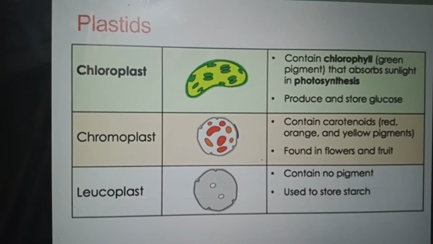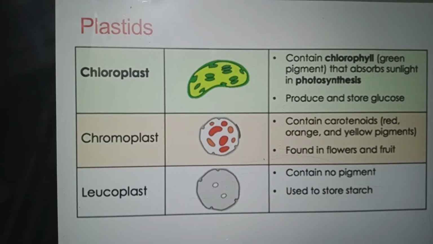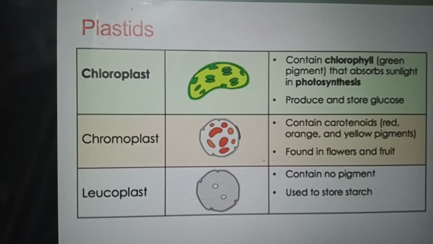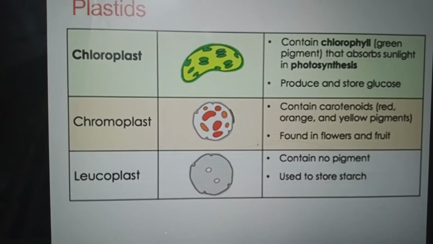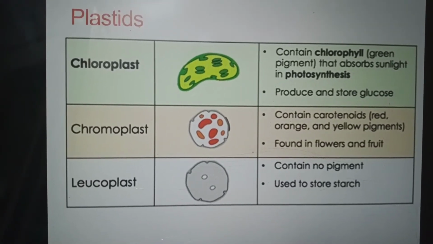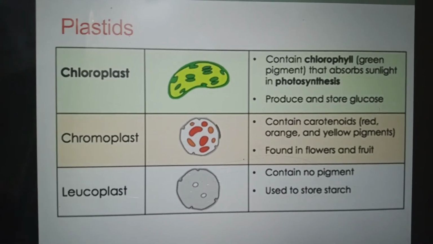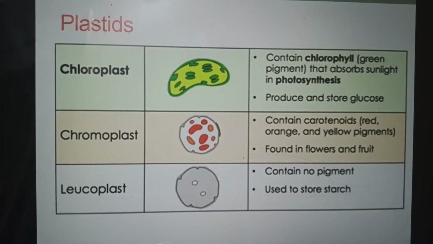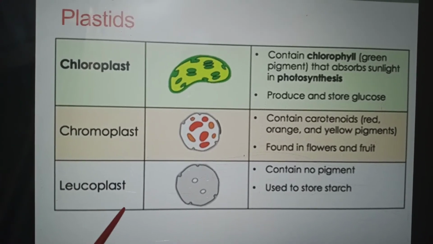The next one, plastids. Plastids are also membrane bound organelles that only occur in the cells of plants and photosynthetic protists, algae. They are of three types: chloroplast, chromoplast, and leucoplast.